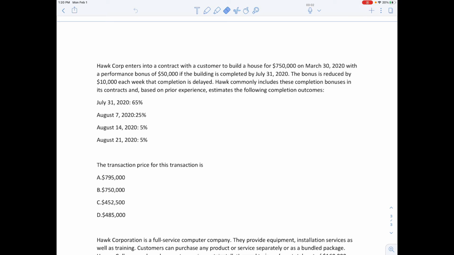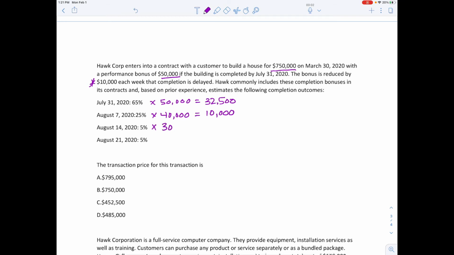But to go through this problem, we're going to look at pulling out that important information we need. This is a $750,000 contract. The performance bonus is $50,000, which is reduced by $10,000 each week. So what we're going to do is take that $50,000, multiply that by that first week to come up with an amount. The second week, we reduce by $10,000 to come up with an amount.